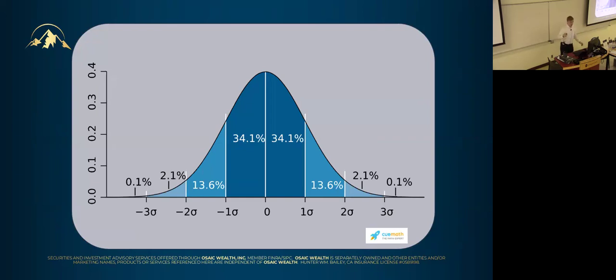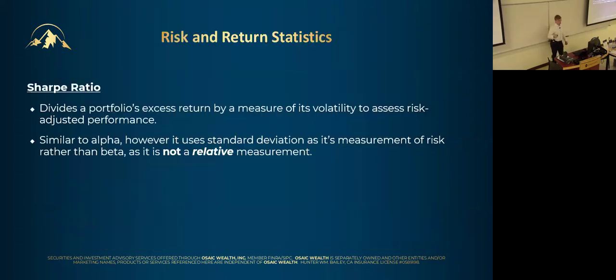But next, we'll talk about Sharpe ratio. Sharpe ratio is, like I said, basically like alpha, where you have an excess amount of return for the given level of risk. But the difference here is instead of using beta to tell us what our risk is, we're using standard deviation. So it's not relative to anything. Sharpe ratio is not saying you're having better returns compared to that thing over there.